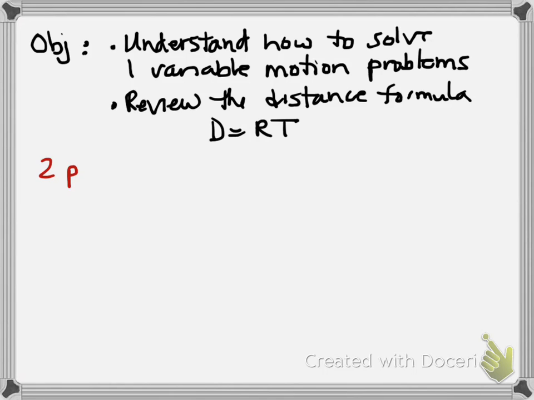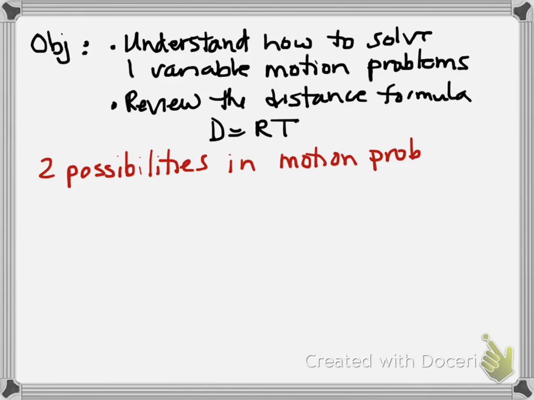You will see when we talk about the other set of word problems on Wednesday, it deals more with exponents. Okay, this one is just kind of a random weird one, but we've always kind of done them together. So here we go. There's 2 possibilities in motion problems. And when I'm saying motion problems, notice that I'm not saying wind and water current problems.